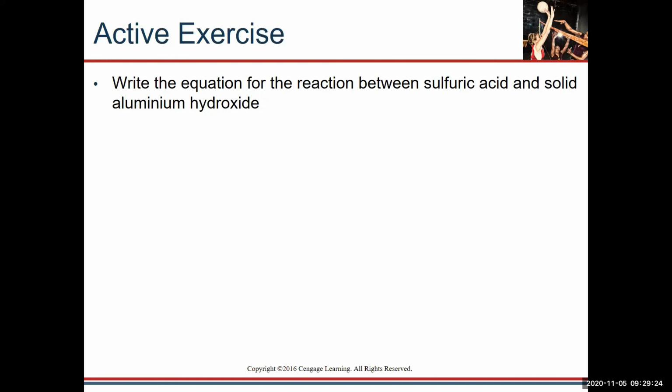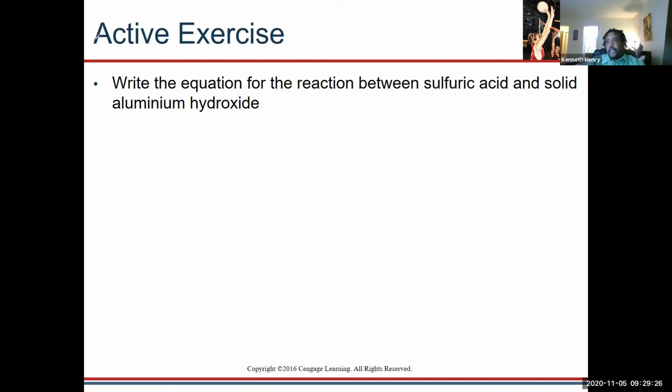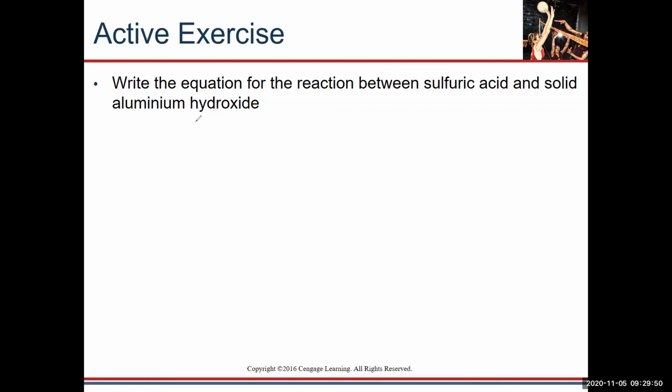Sulfuric acid. Okay, sulfuric acid. What does sulfuric acid look like? What is the chemical formula? H2SO4.